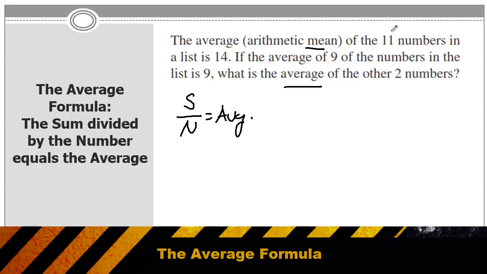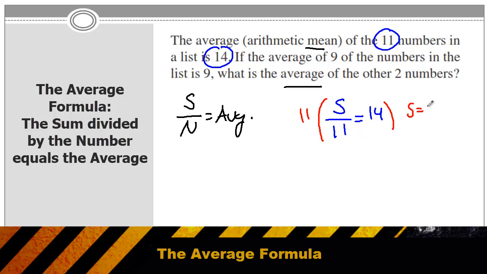And they tell us the average of the 11 numbers in the list is 14. So I could write my equation as the sum that I don't know divided by the 11 numbers, that's equal to 14. So then I multiply everything by 11 and I get my sum is equal to 154.